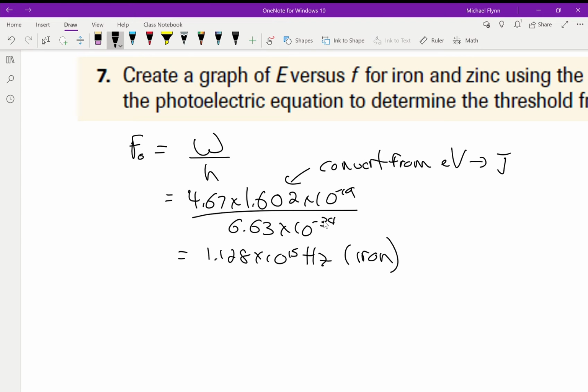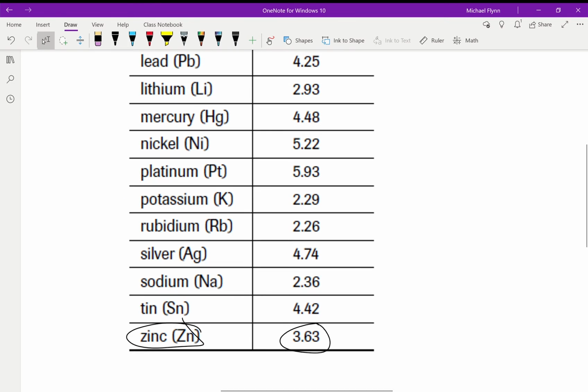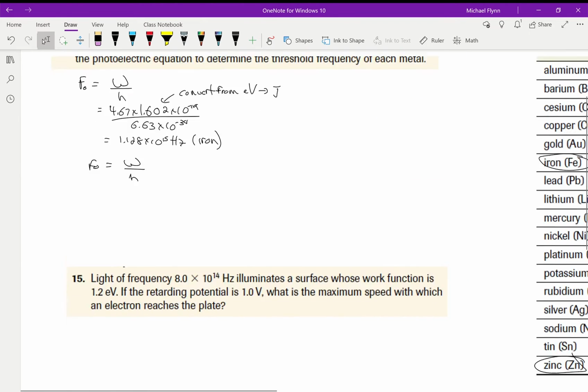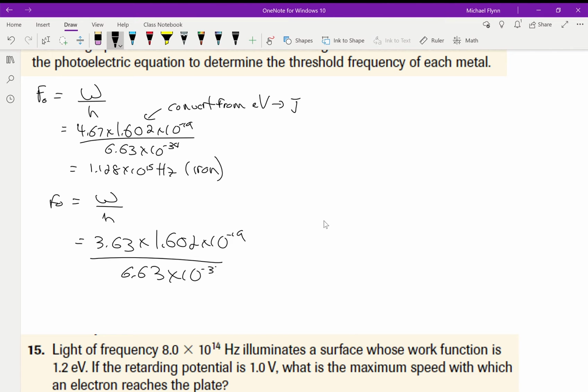Okay, now let's do it for zinc. Again, f0 will equal W over h. Now the work function is different for zinc. It is 3.63. So this is going to equal 3.63 times 1.602 times 10 to the negative 19, divided by 6.63 times 10 to the negative 34.